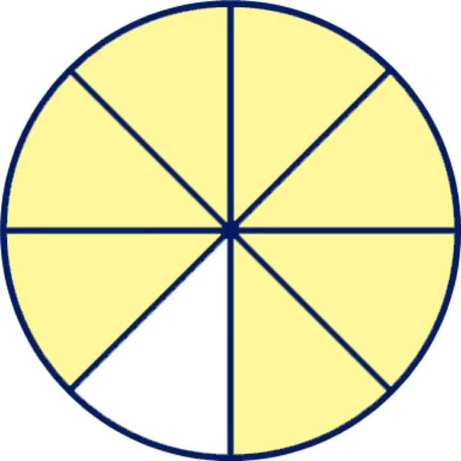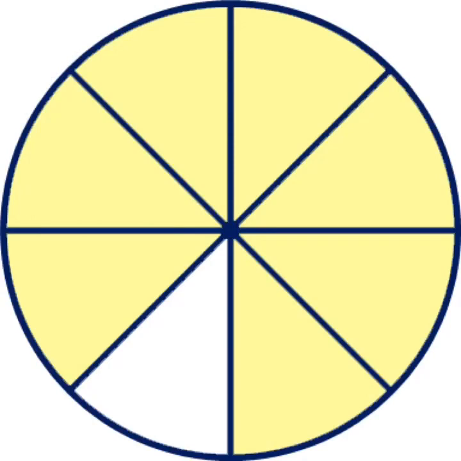Children, you can see this circle. This circle is divided into 8 equal parts. How many parts are shaded in yellow color? Yes, 7 parts are shaded in yellow color.